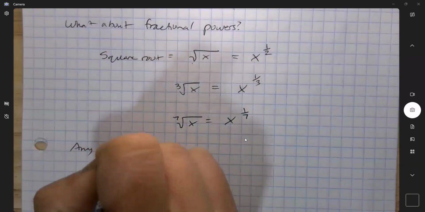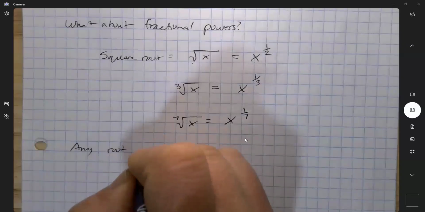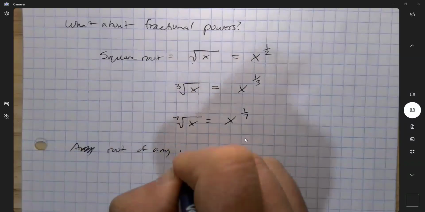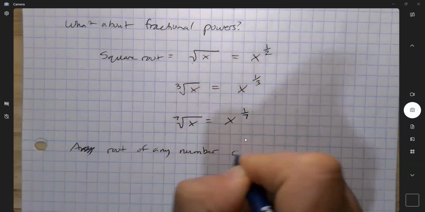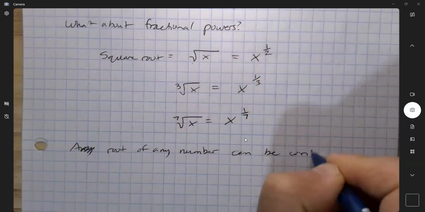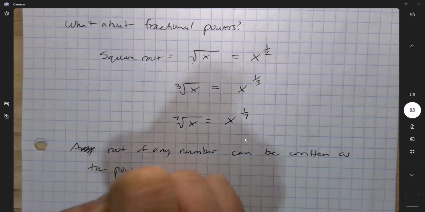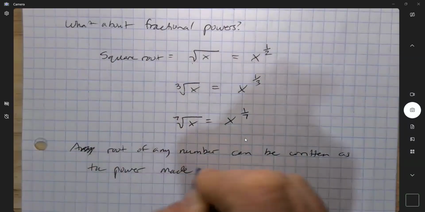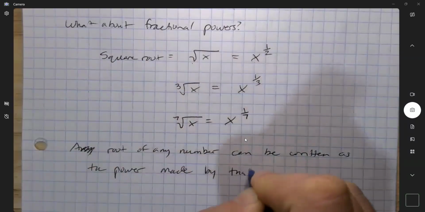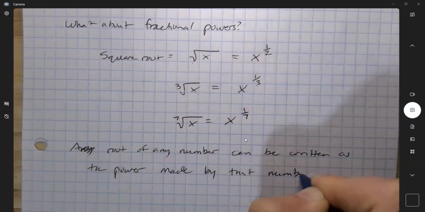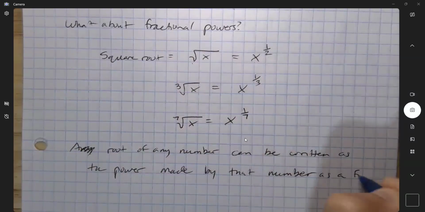So any root, or how about a root of any number, can be written as the power made by that number as a fraction.